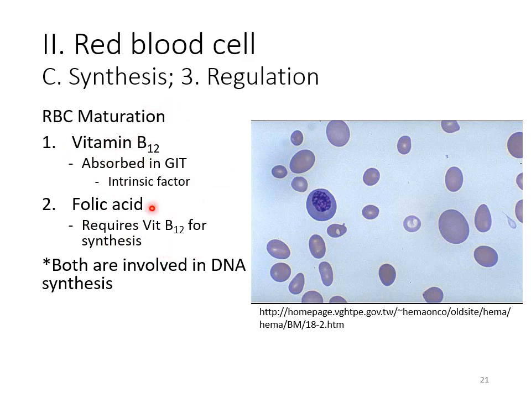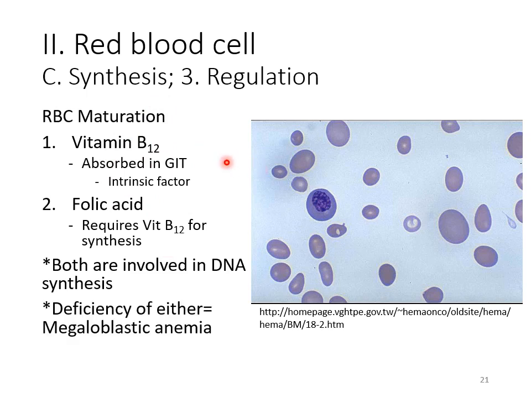So if you lack one or the other, or maybe both, one symptom that will be seen in your RBC is what we call megaloblastic anemia. Here is a patient with megaloblastic anemia, and as we observe from the patient's red blood cells, there are red blood cells that are abnormally large, and the sizes of the red blood cells are also very unequal.